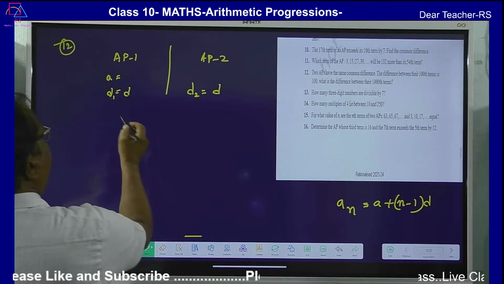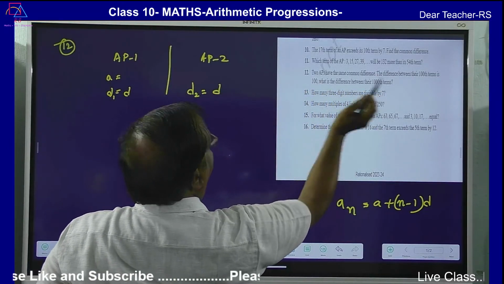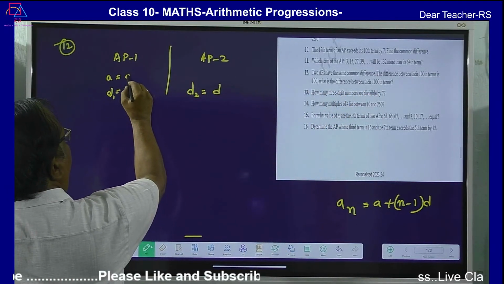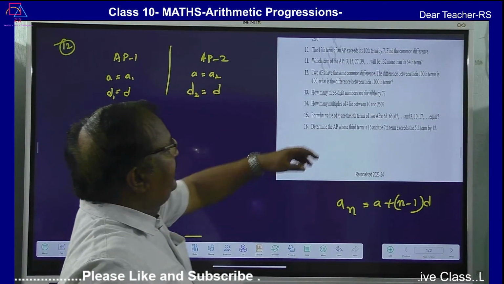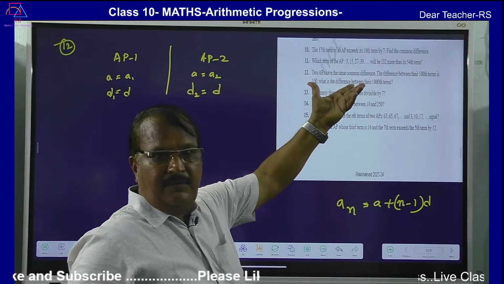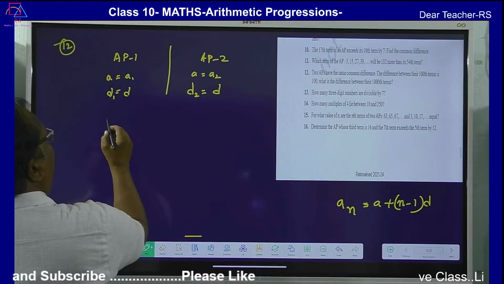Let us see, the first term here is A1 and here A2. He did not speak about the first term.